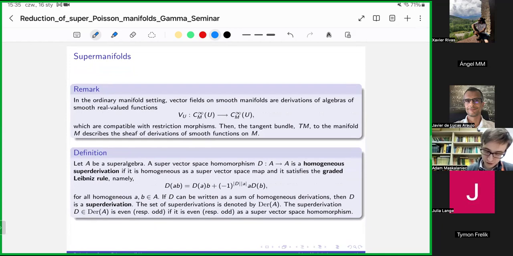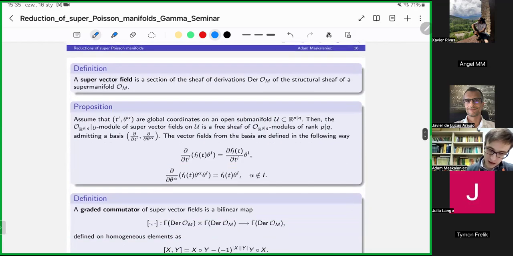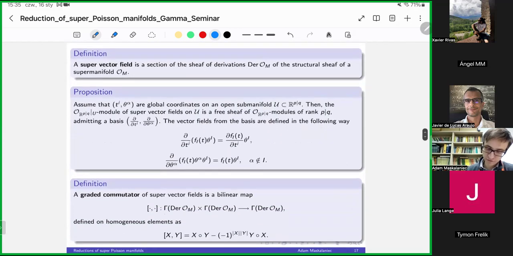So we extend the notion of a derivation in this graded way to a super derivation that satisfies a modified Leibniz rule. It is modified with respect to the degree of this derivation, the degree as a map of super vector spaces, and the degree of A. And we say that a super vector field is a super derivation of the superfunctions.